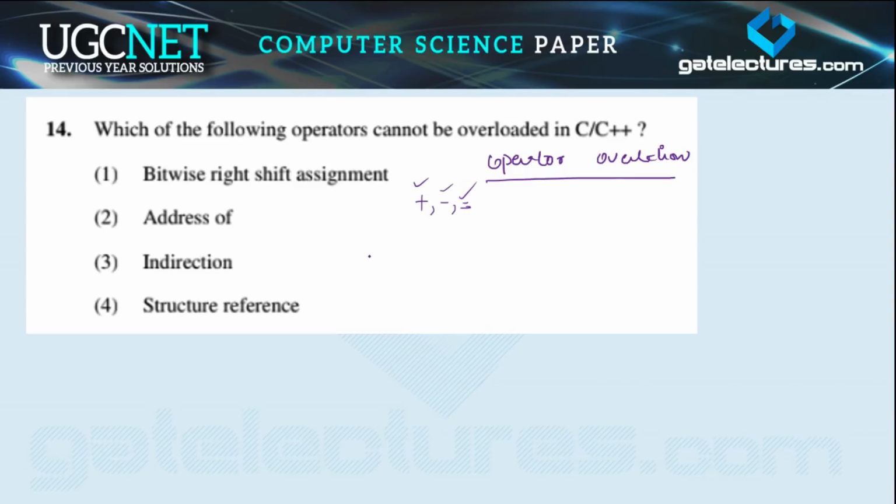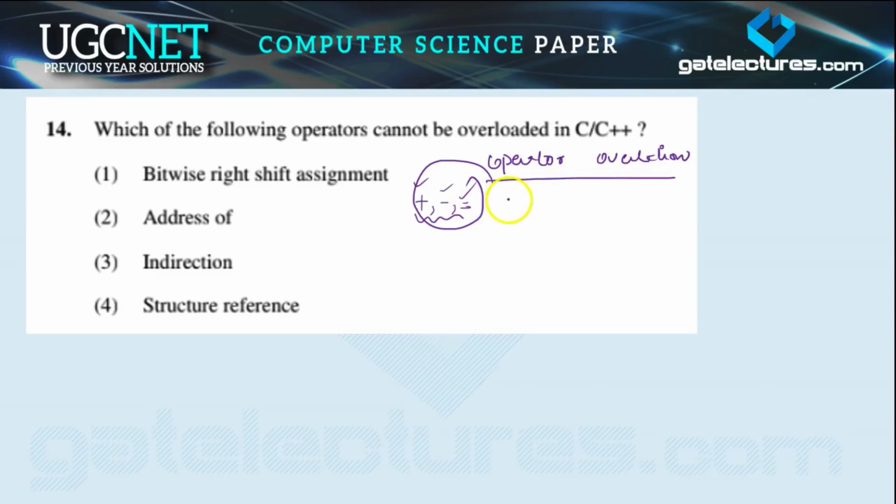Like they are the existing operators, right? Now we treat these existing operators as polymorphic functions. They have different behaviors depending on the type of arguments.